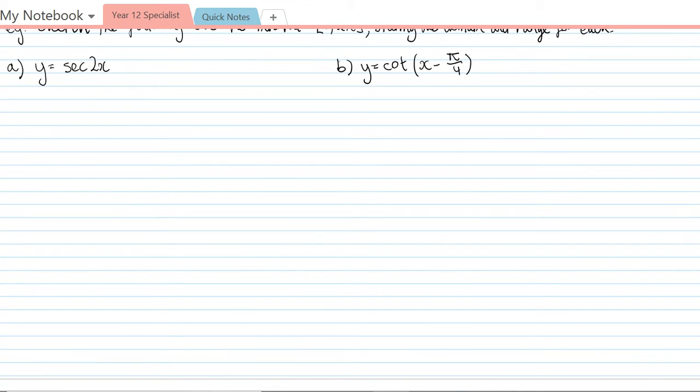So when I draw this one, I'm drawing it just from 0 to 2 pi, so I don't need to worry about the left-hand side of the graph.